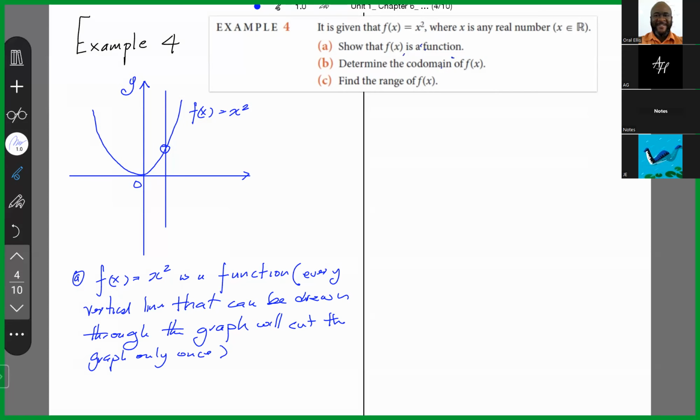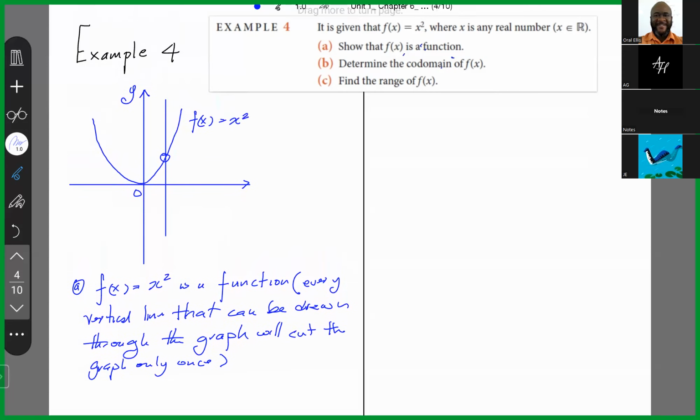B, determine the codomain. Now, you could consider the codomain to be the values used to determine the range, or the domain is already given. The domain is given here.